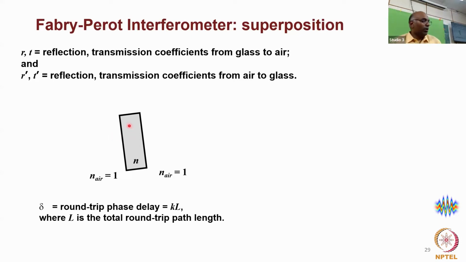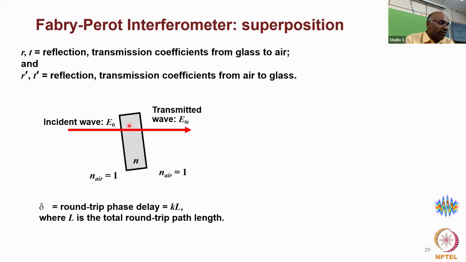Now let's have a wave incident from left to right. This wave begins somewhere in the air region on the left side and walks towards the right, and it encounters an air-glass interface.